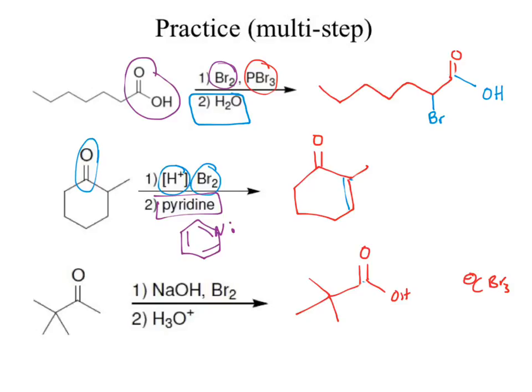We have a negative carbon, not particularly stable. Is there anything positive nearby? The hydrogen from our carboxylic acid. So at the end of step 1, we've got those two products. Step 2 does what?